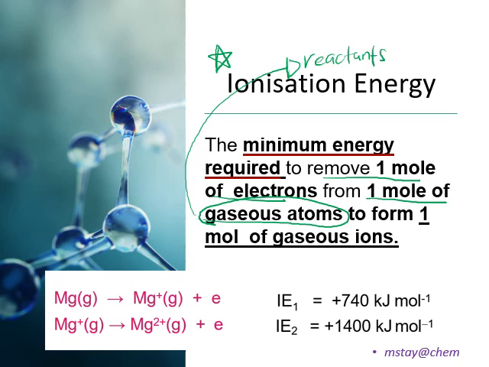After the gaseous atom loses 1 mole of electrons, it becomes an ion, and the physical state still remains gas, but this time the ion is a positive ion. To remove electrons, as we know from semester 1, we need to absorb energy. The more electrons you remove, the greater the magnitude. For example, the first IE is 740 kilojoules per mole, but the second IE becomes 1400.